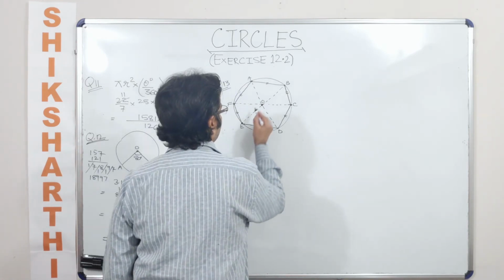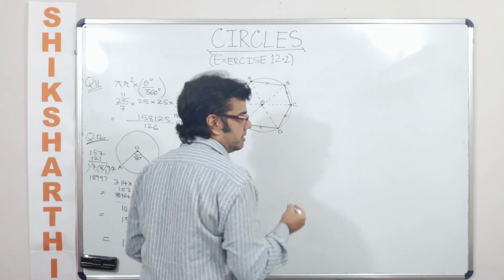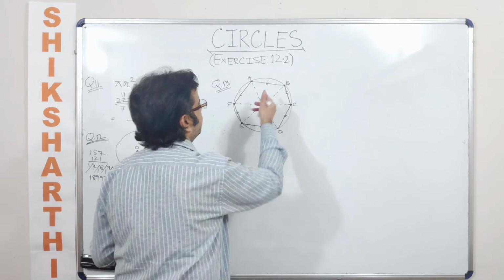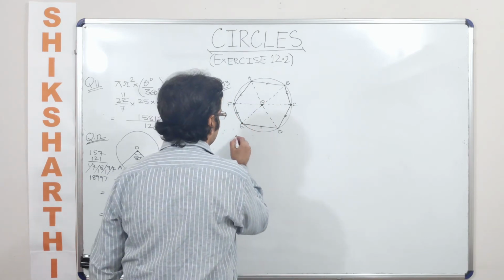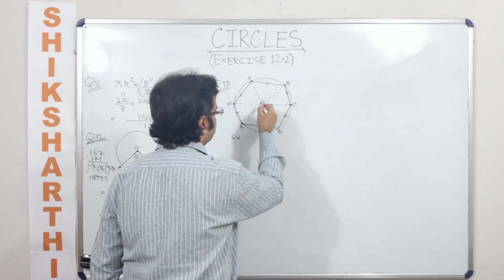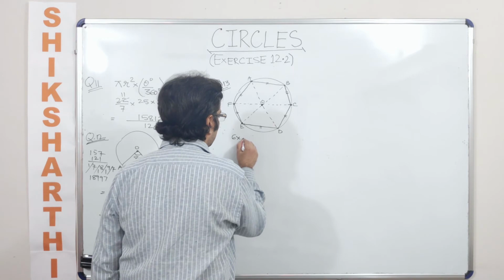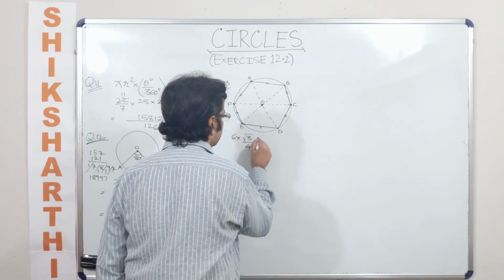So if I am able to find the area of one equilateral triangle, the hexagon would have 6 equilateral triangles. So the area of the entire hexagon would be 6 times the area of one equilateral triangle. And we know that the area of one equilateral triangle is √3/4 into A square.